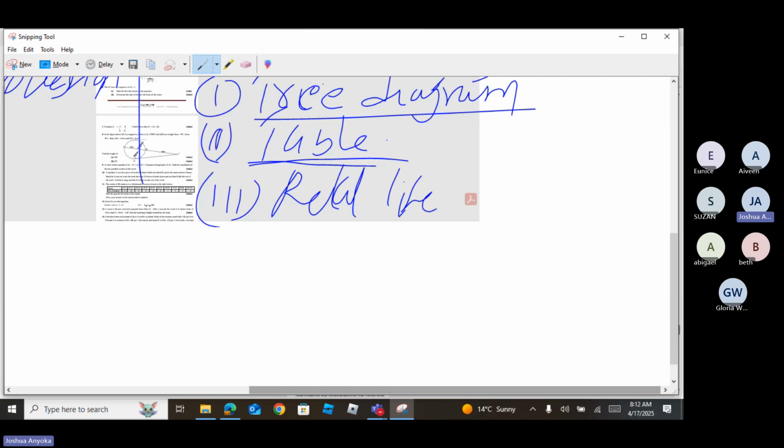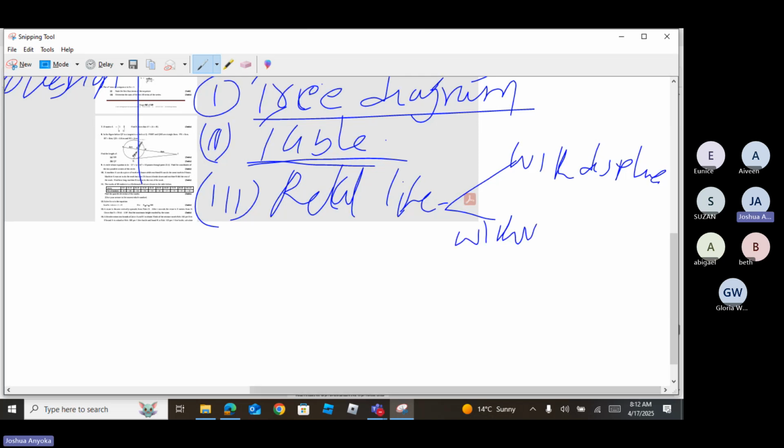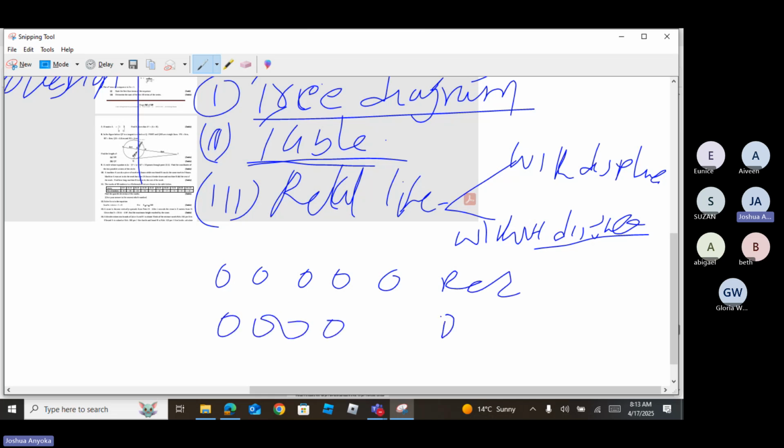In real life, we have to talk of probability that takes place with replacement and the probability that takes place without replacement. When we talk of with replacement, if you have 5 marbles which are red, and we have others which are 4 and they are green in color, and then we want now to select.